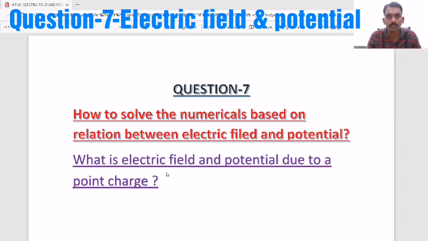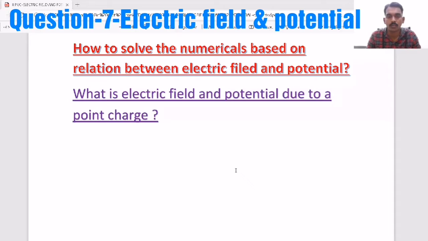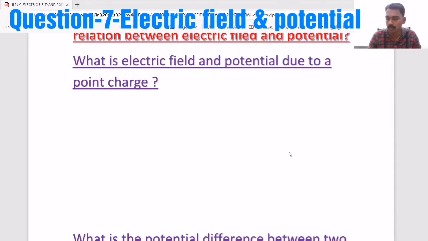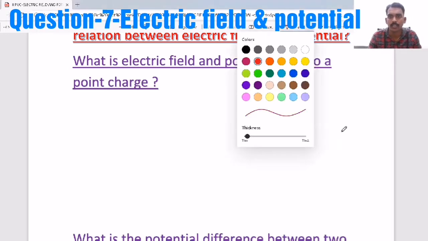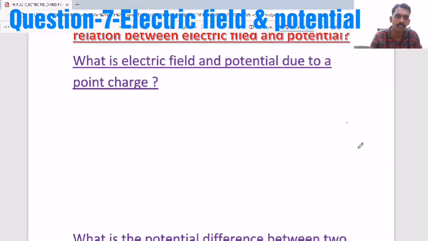To solve the numericals based on this particular question, the basic idea we should know is, first, what is electric field and potential due to a point charge. When there is a point charge q, then at any distance r, the electric field is given by kq by r square.